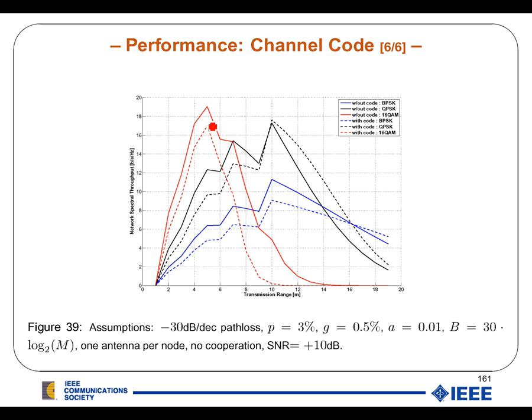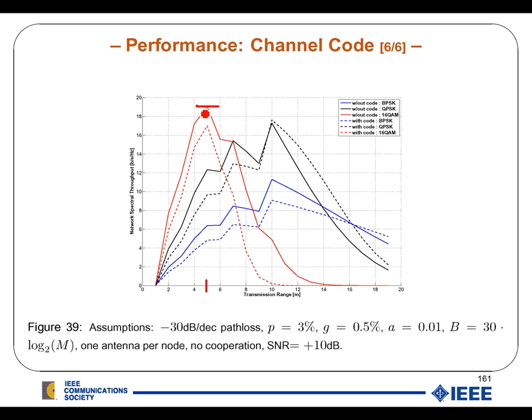If I go up now in the signal to noise ratio, from minus 10 dB to plus 10 dB, we see that things change suddenly and entirely. My maximum is suddenly here. That means, again, we have to use a 5 meter transmission range, but the optimum now is not with a channel code. The optimum is without a channel code and using 16 QAM, which means that most errors actually occur at the medium access control.